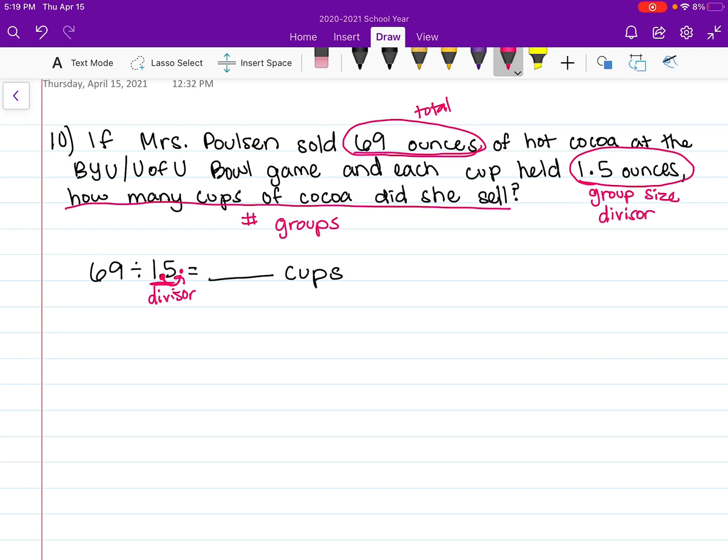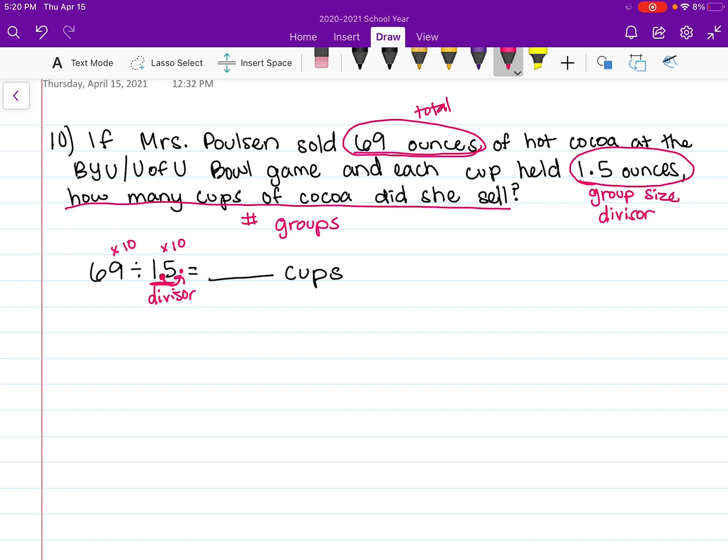Well, you can think of it two different ways. You can think of it as when we are moving a decimal one place to the right, we're really multiplying by 10. We've talked about how when we multiply by 10, we move the decimal one place to the right. So if I multiply 1.5 by 10, I have to multiply 69 by 10, which gives me 690.